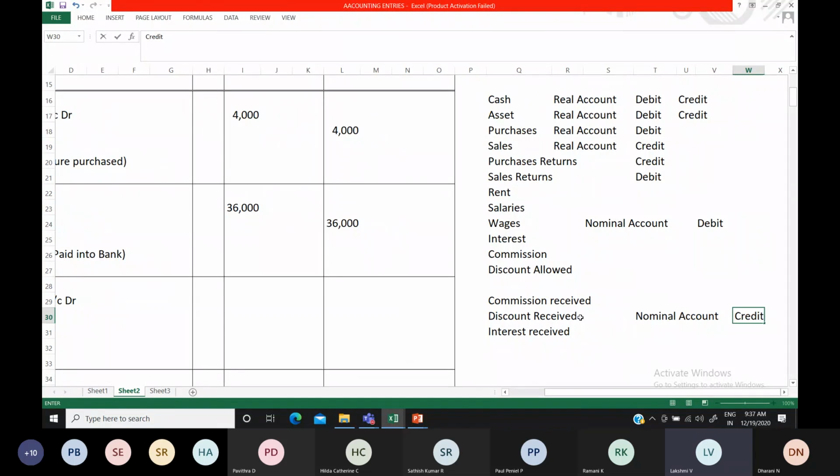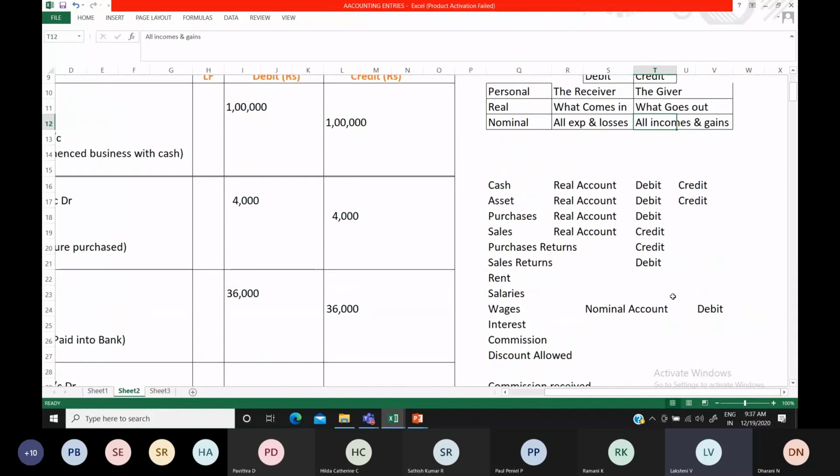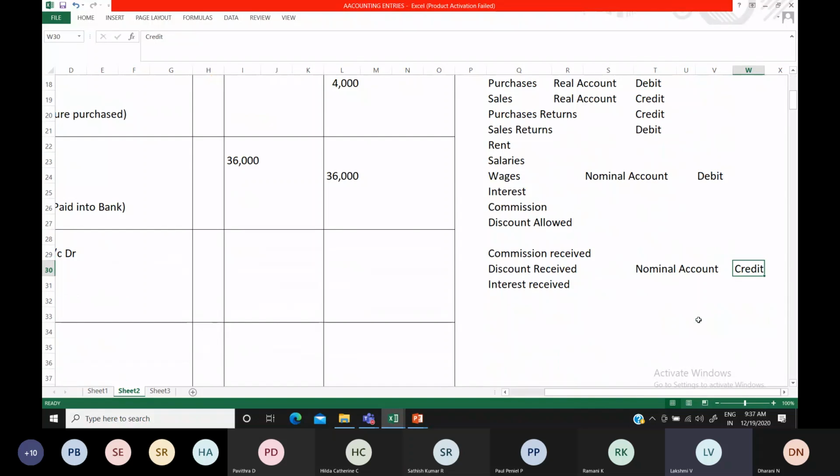Under the nominal account, credit all incomes and gains. So you have to credit commission received, discount received, interest received, to commission received account, to discount received account, to interest received account, or to interest account, to commission account. You can write it like that also.